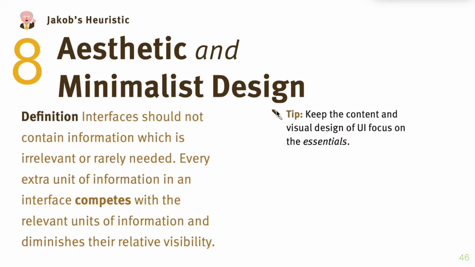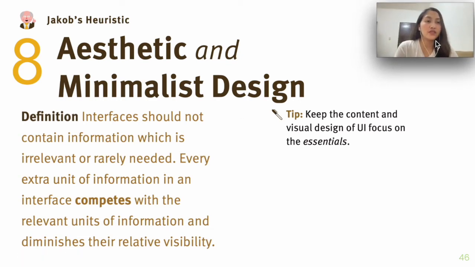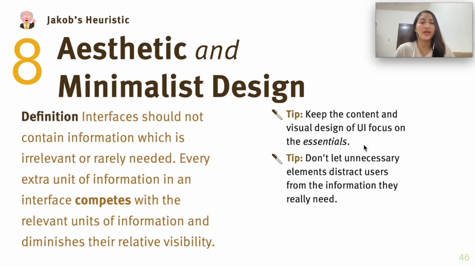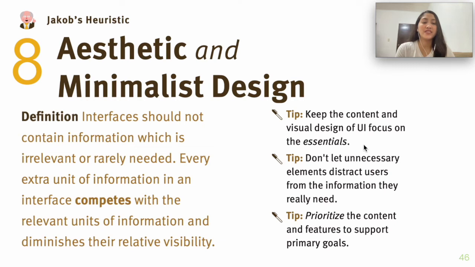So the tips to apply this for implementation are the following. Keep the content and visual design of UI focused on the essentials. Second, don't let unnecessary elements distract users from the information they really need. And the third, prioritize the content and features to support primary goals.